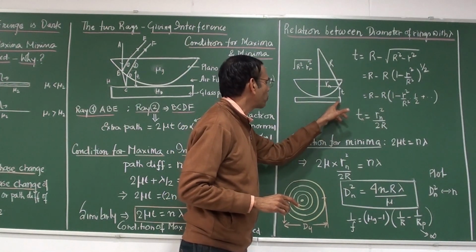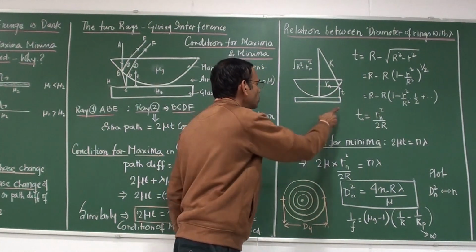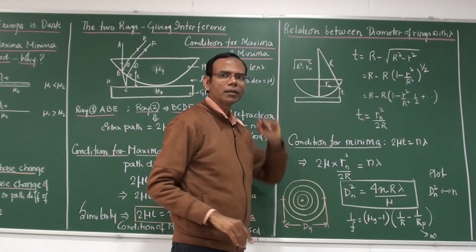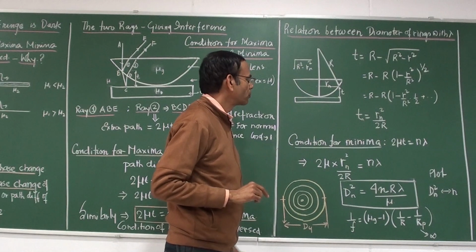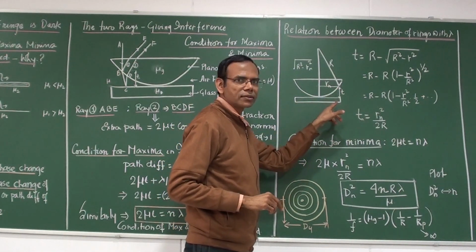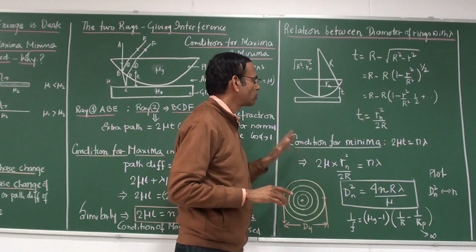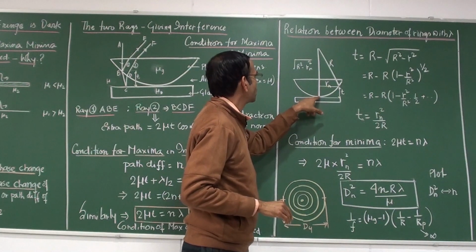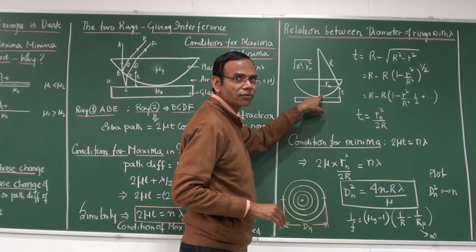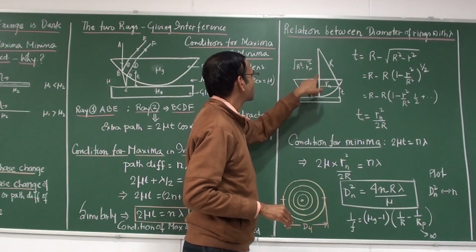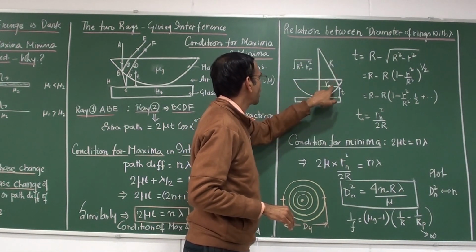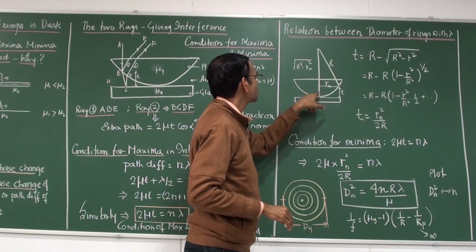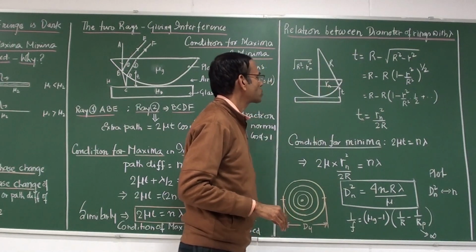So here you have a particular ring of certain diameter and corresponding thickness of the thin film. Now it is difficult to measure this, so I want to eliminate this from the equation. So what I do, t is equal to R, that is the radius of curvature, minus this distance. Now how much is this? This is square root of R square minus r square. So t is equal to R minus square root of R square minus r square.